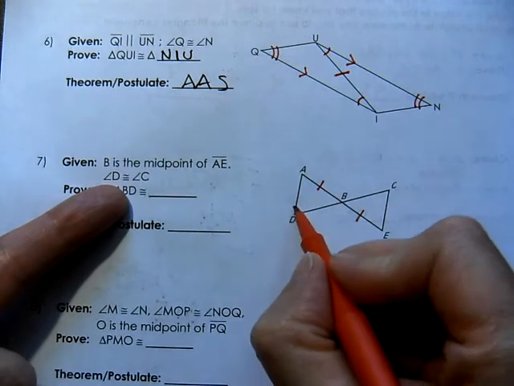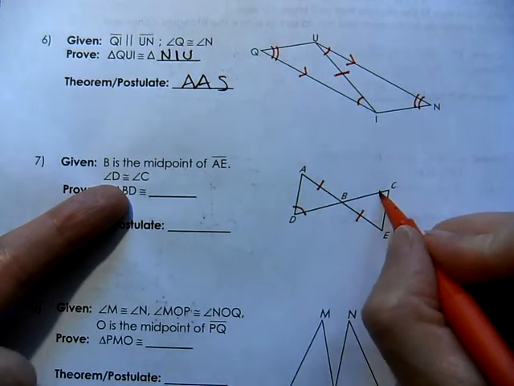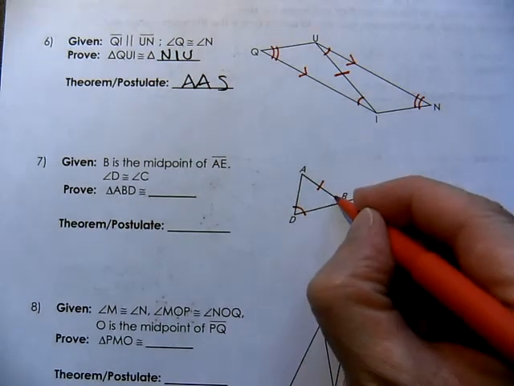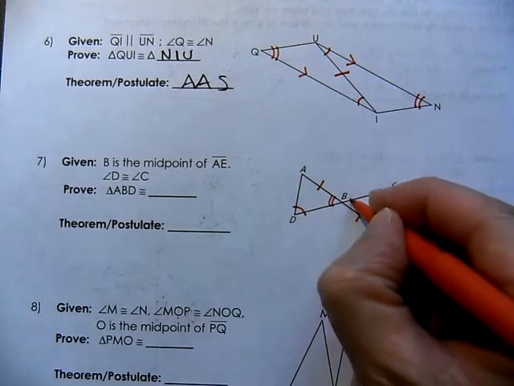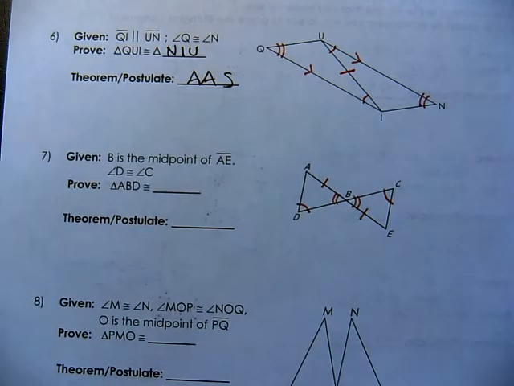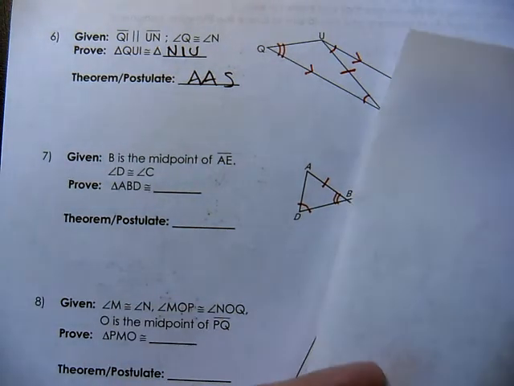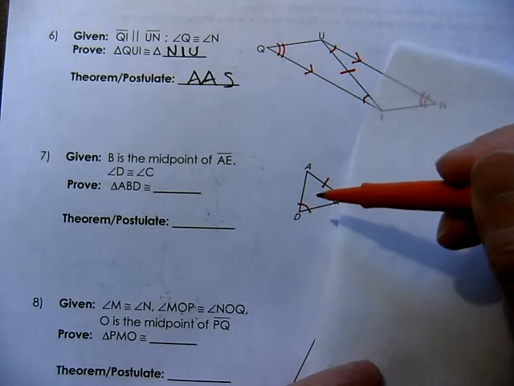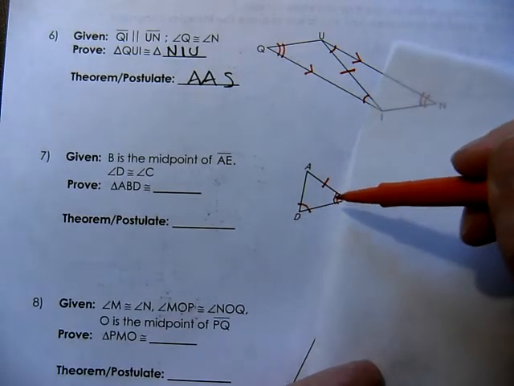Angle D is congruent with angle C. So those are the two pieces of given information. Is there anything else we can add? We have those vertical angles, don't we? So on either side of point B, vertical angles are congruent. And so now what we want to do is take a look at the pattern in the markings. I see two angles that are marked. The side that is marked is not between the two angles, so it's angle, angle, side.